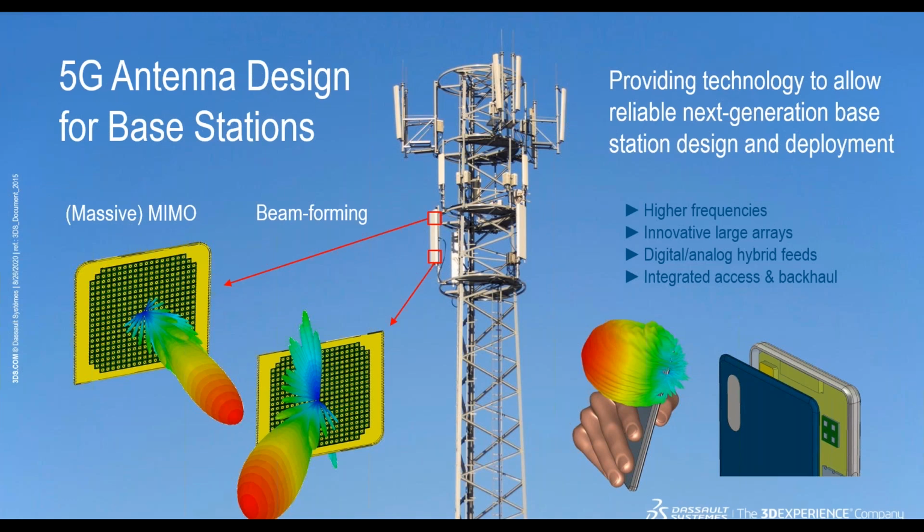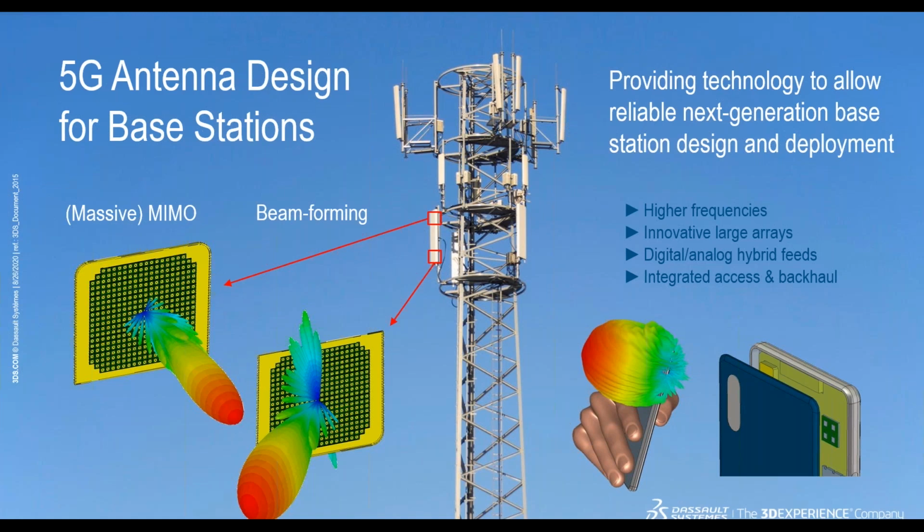So now what we're seeing is higher frequencies, larger of these MIMO arrays with multiple frequencies. We're having a combination of digital and analog feeds, which is new to the system, and you have access to what we call both front and back haul systems, which means that you have a lot more capability and a lot more needs. But the real key here is the ability to do beamforming and to have the proper antenna.